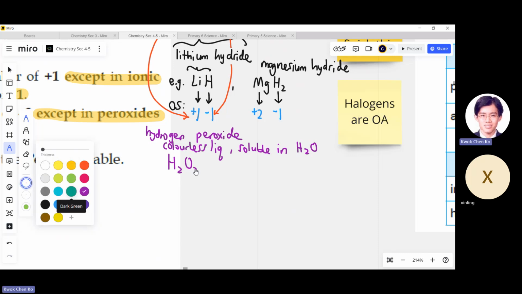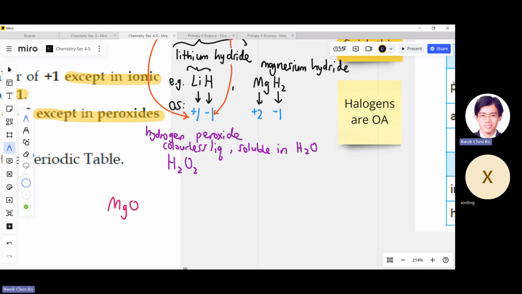But you may see others too, like this. Looks funny, right? You think that is a typographical error. It's not. This is magnesium peroxide. It's not often encountered.